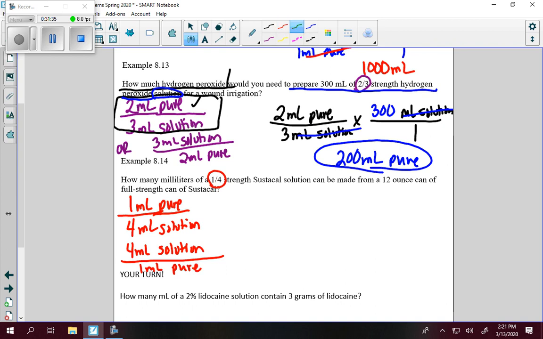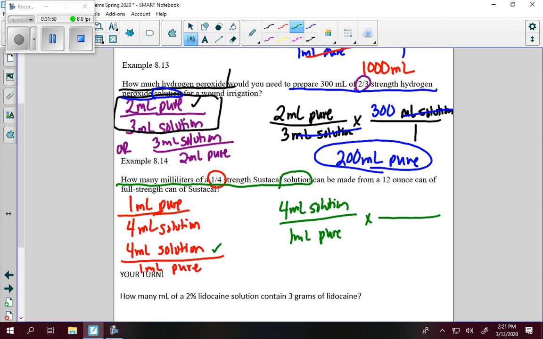So I'm going to underline the first, and it says how many milliliters of a 1/4 solution. So I need solution on top, so it's going to be 4 milliliter solution to 1 milliliter pure times milliliter pure over 1. That's going to give me my total solution that I need. But however, all I have is a 12-ounce can of full strength. Because it says full strength, it's the pure form, so I know I have pure, but this says ounces, and I need to get it to milliliters.